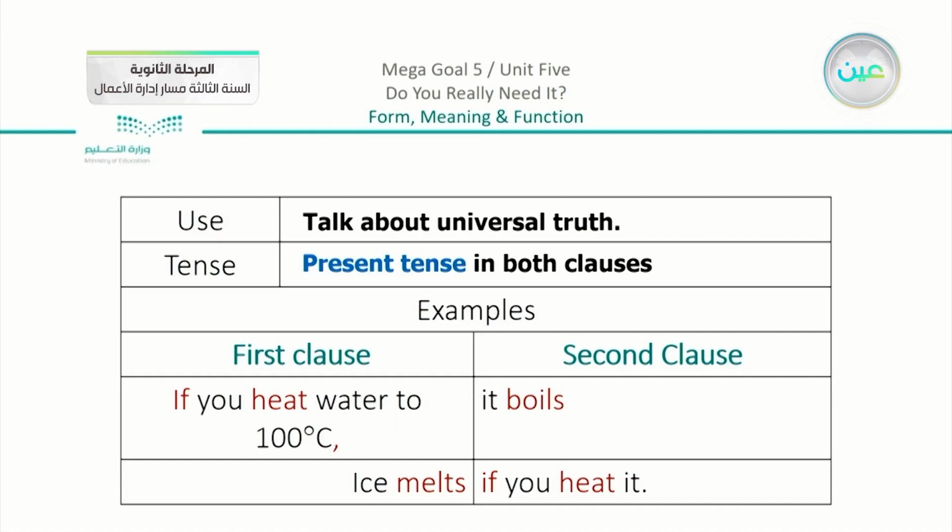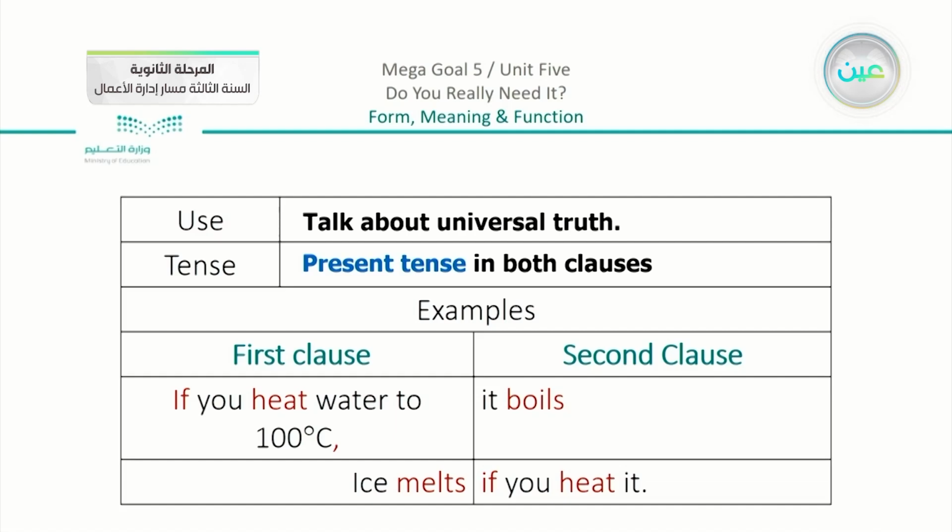Now you can see that in the other example, we switched or rearranged the sentence, which is the same as we did in the adverb clauses, but we still have the same idea or the same meaning. So we can say, ice melts if you heat it. Ice melts is the main clause, a fact, and it is in the present simple.